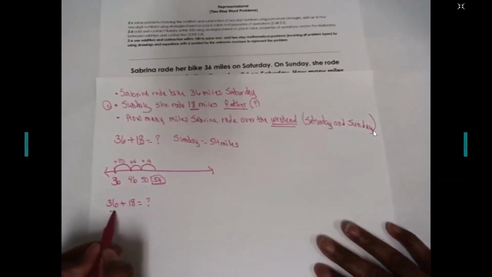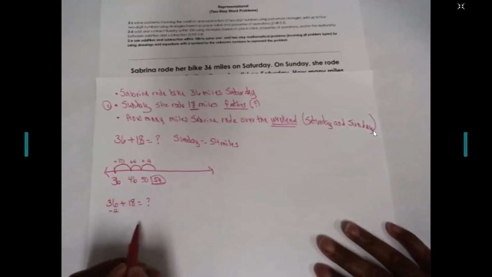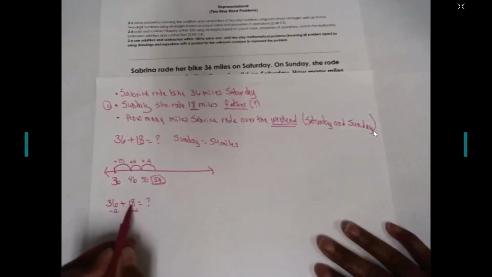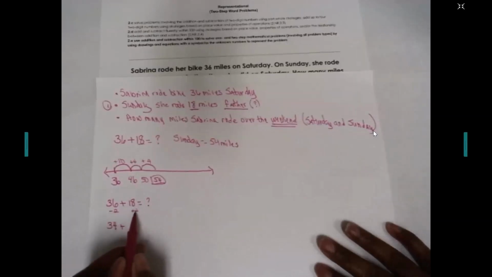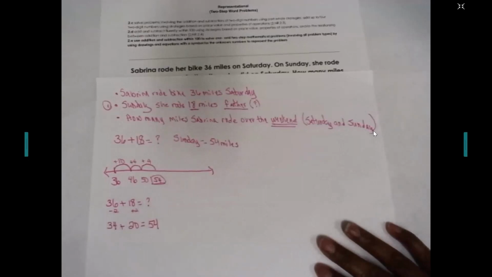So I'm going to take 2 from my 36 and add those 2 back to my 18, which will make my 18 a friendly number, 20. So 36 becomes 34 because I took that 2 away and I joined it with 18 to make it a friendlier number. So now I have 34 plus 20, and I know that that equals 54.